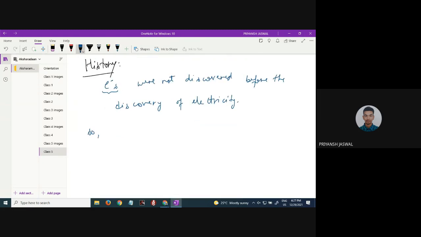So, current was considered as just a flow of positively charged particles, or you can say positive charges.